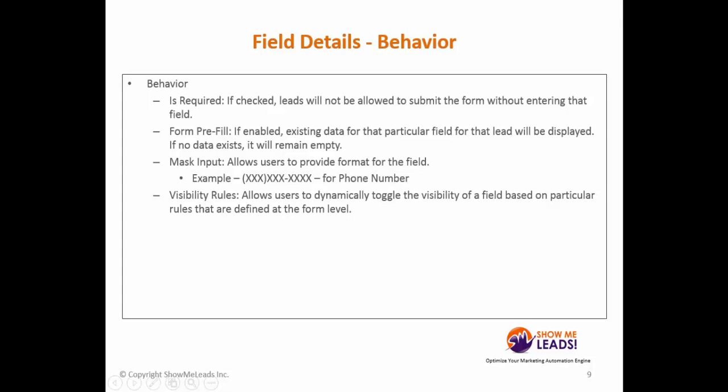For instance, you could provide a format such as date or telephone number, which will allow the user to understand the format in which you want it to be entered. Visibility rules, which allows user to dynamically toggle the visibility of a field based on particular rules that are defined at the form level.